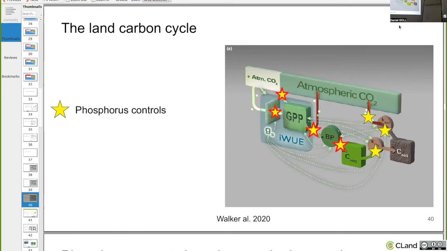This is generalizable to the wider community. Most work has been done on the uptake part of the cycle, where people could really demonstrate that they're phosphorus constrained in this process, less so on the loss pathways.